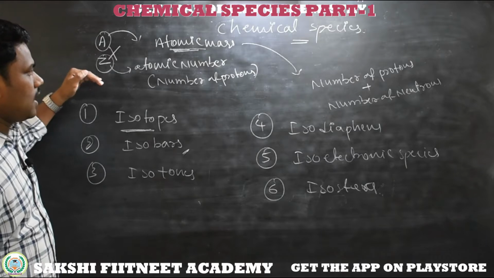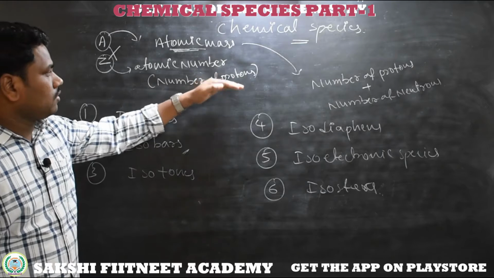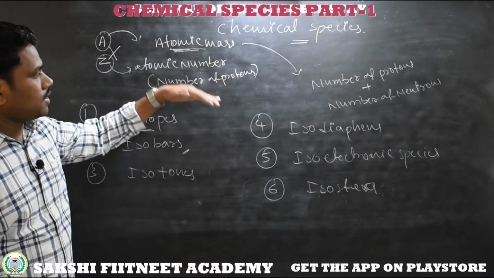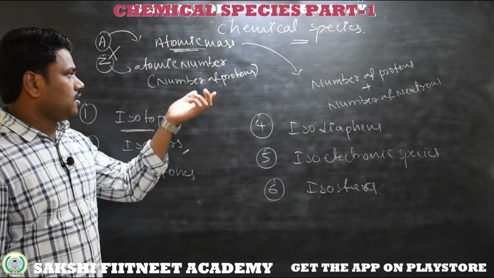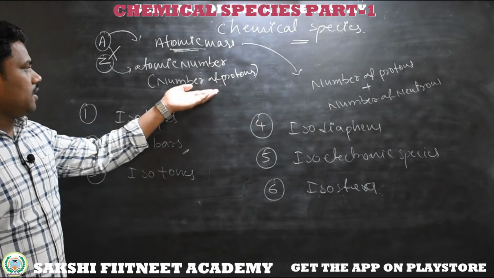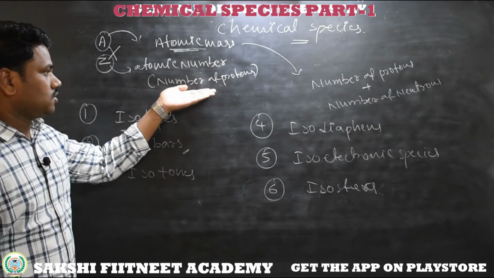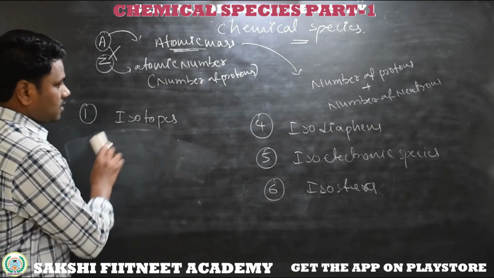Every neutral atom has an equal number of protons and electrons. For example, hydrogen has 1 proton, so 1 electron as well. Carbon has 6 protons and 6 electrons. A neutral element has an equal number of protons and electrons. Just remember this.